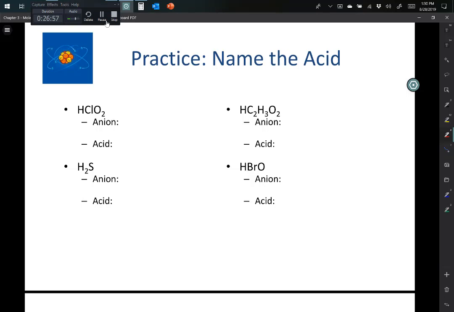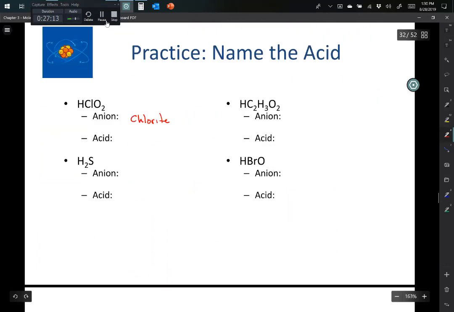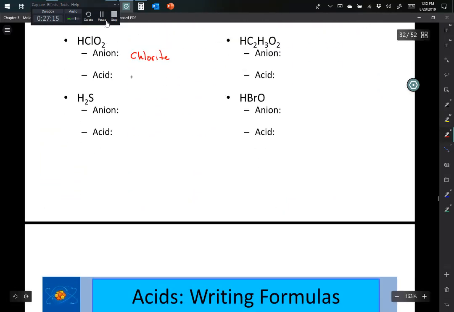Chlorite. Chlorate has 3 oxygens, ite has 2 oxygens. You have to work through that whole process in your brain. So this is chlorite. So what's the name? You go back up to here. ITE becomes OUS, so it becomes chlorous acid.